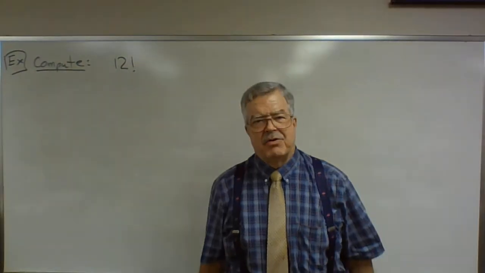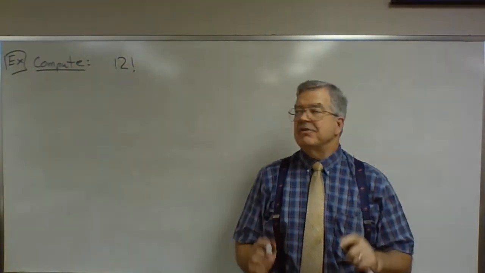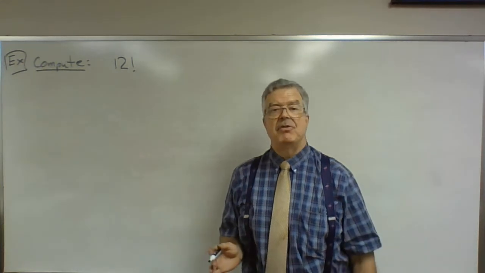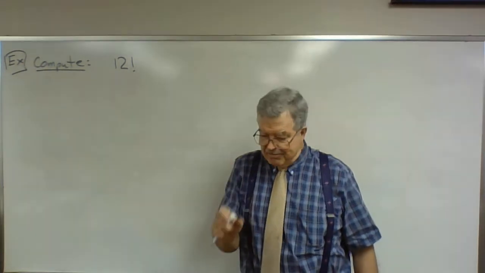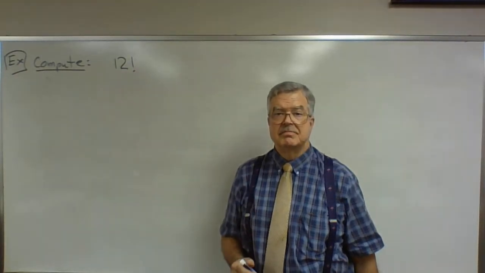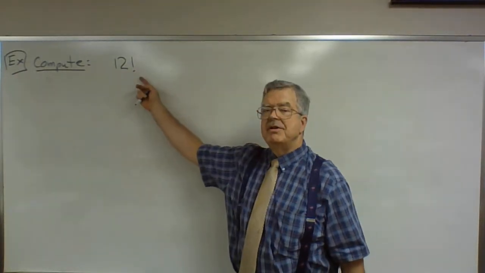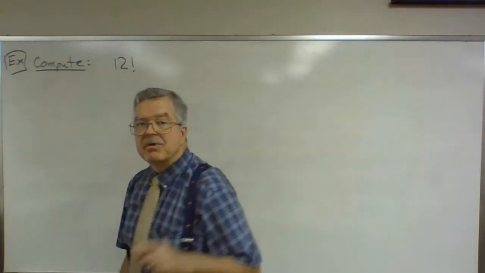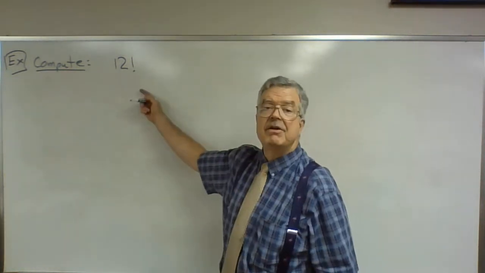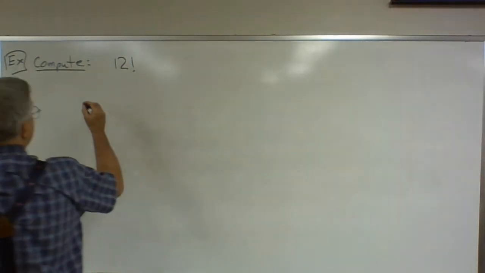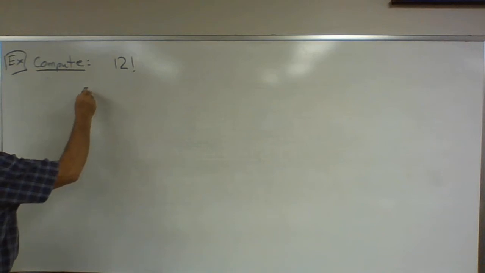12 factorial. When we do the exercise in MyMathLab, they'll have a factorial symbol down at the bottom of the screen that you can use. Suppose we wanted to do this on a calculator, particularly the calculator that we're going to use for the final exam. We'll type 12.